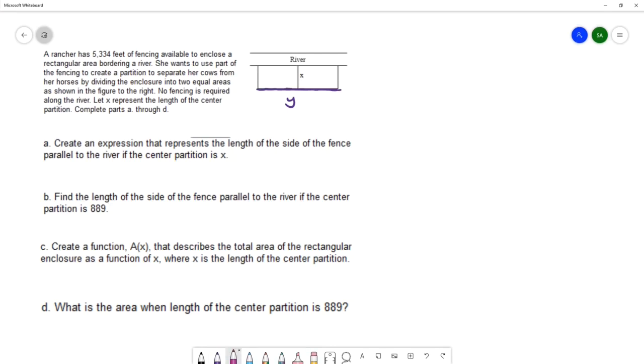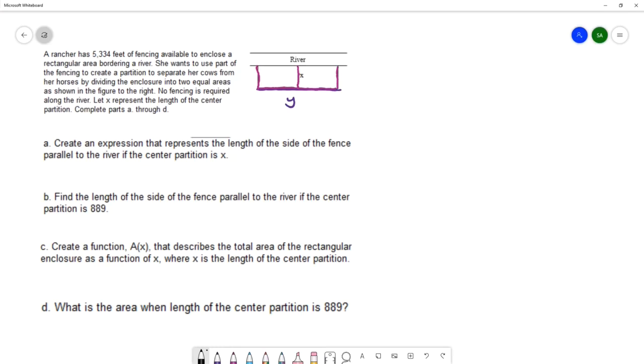So we're using these sides as well as the side parallel to the river, and we have this extra partition. So we're using perimeter, but we're going to have to modify it because we're not using the river side and we have this extra side in the middle, that middle partition.